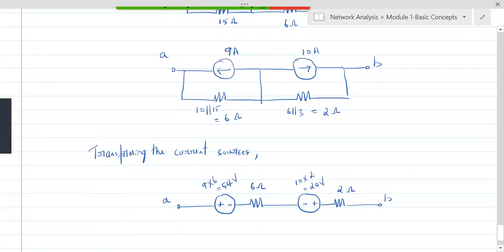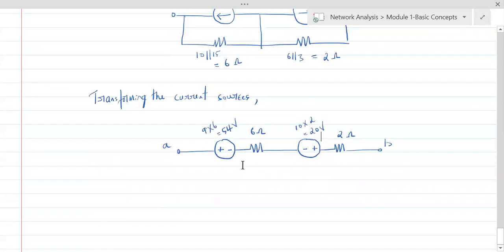Now there are two voltage sources in series and two resistors in series. You can combine them. Okay, so these voltage sources are in series, but they are of opposite polarity. Understand that? So it is 54 minus 20 with the polarity of 54 volts. Okay, so that is how it looks like now.